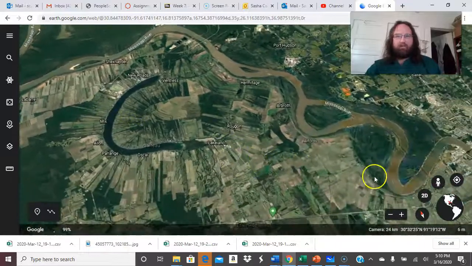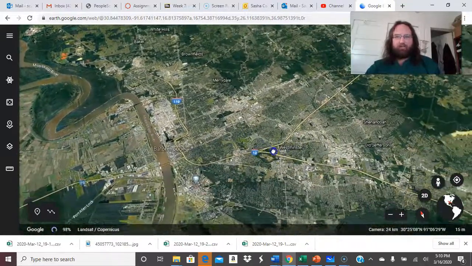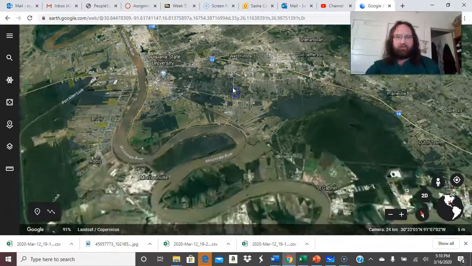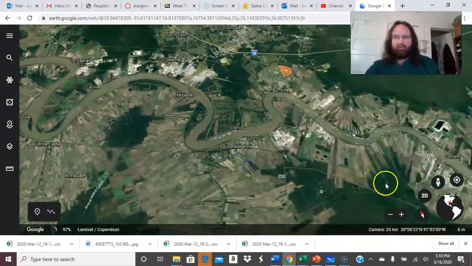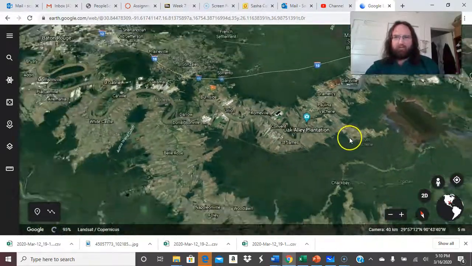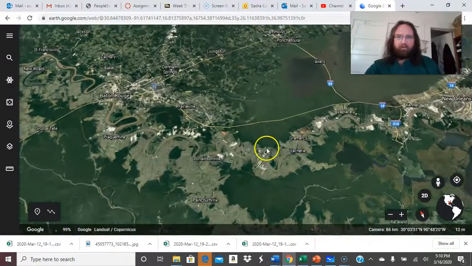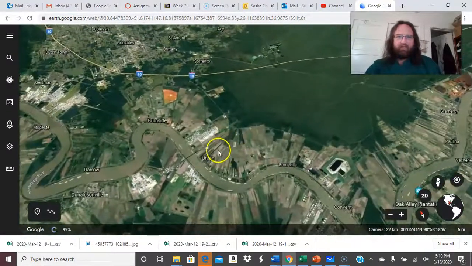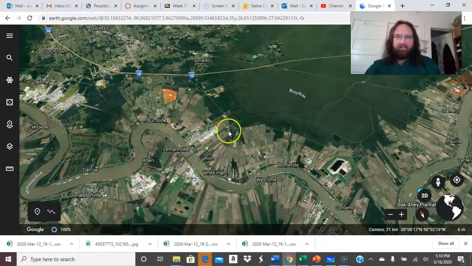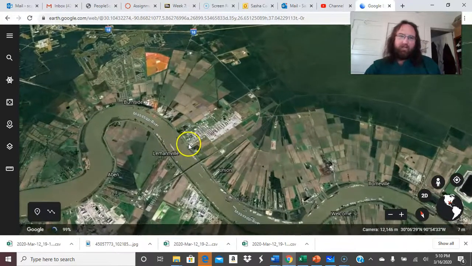Another little structure they have here is just below Baton Rouge, that's LSU. Just below Baton Rouge, they also have the Bonnet Carre Spillway, which is easier to open.